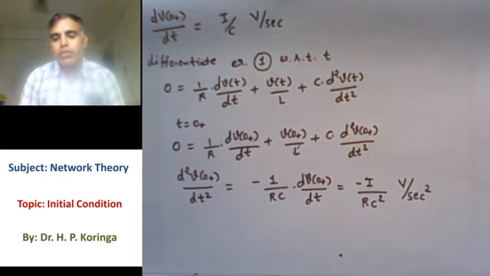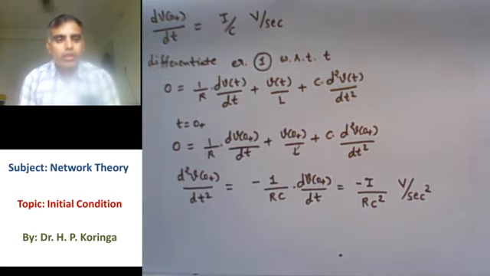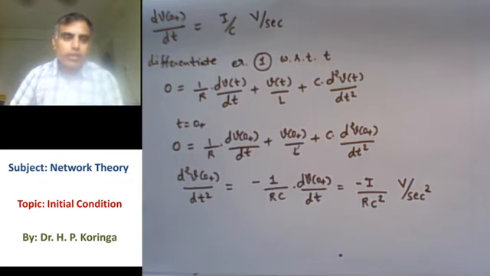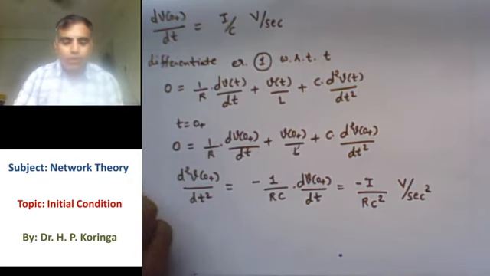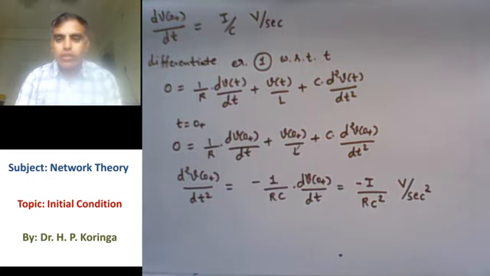Unit is volt per second square. So in the parallel RLC circuit, these are the initial conditions: V0 plus, dV0 plus divided by dt, and d square V0 plus divided by dt square. Let me stop here. If you have any doubt, you can ask.